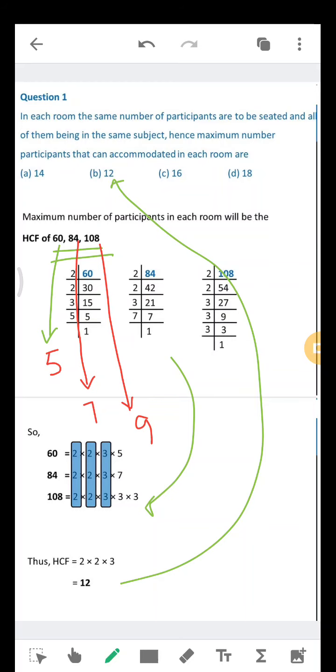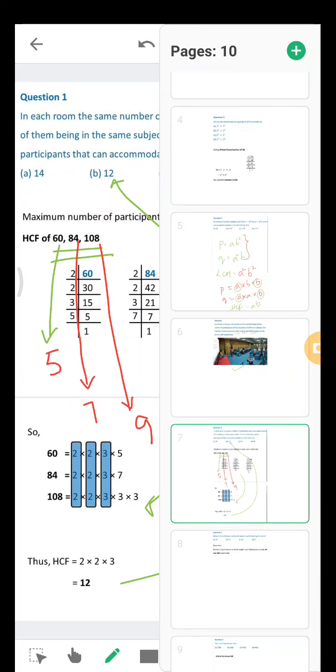Got it? So we need 5 rooms for 60 teachers, 7 for 84 teachers, 9 for 108 teachers. So all the teachers are divided equally in different rooms. Now another question can be asked, how many rooms are needed in total? So you can add up all the values. Very simple. That gives you 21.